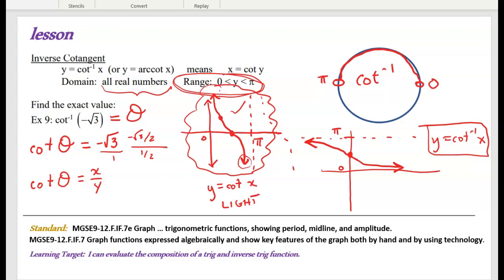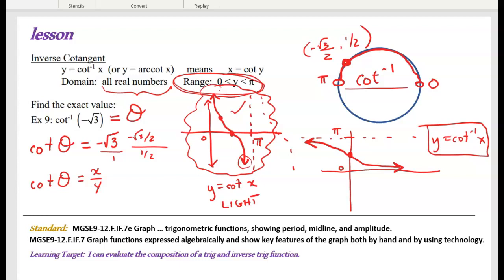X value, so on the unit circle, my x value is negative root 3 over 2, and my y value is 1/2. I have to be in the second quadrant. So just know, for cotangent, if you have a negative input, you have to be in the second quadrant.